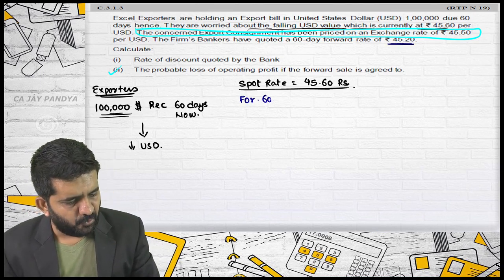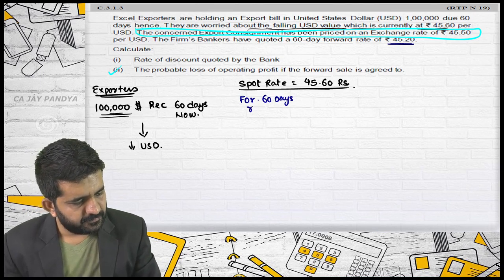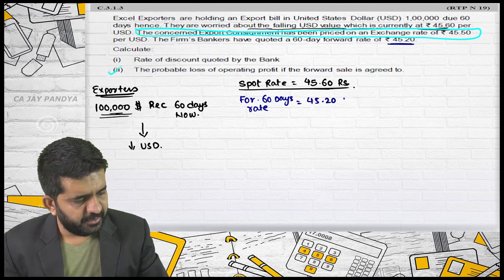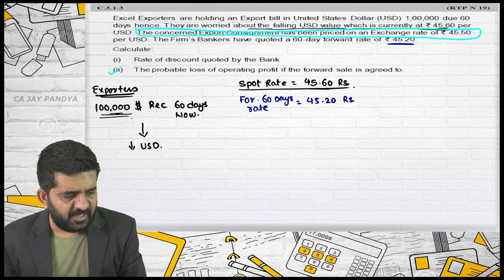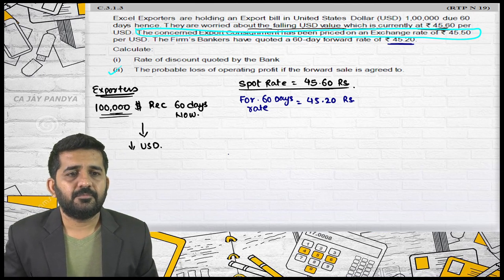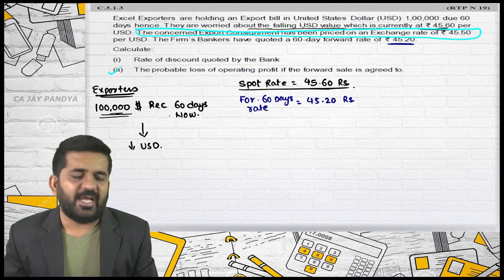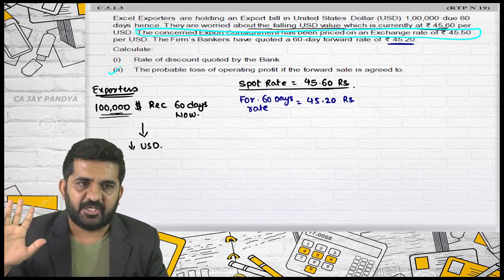So what is the 60 days forward rate? 45.20 rupees. Yes, Mehak. Can you convert your 1 lakh dollar at 45.20 rupees? Yes, sir. That's the rate the bank has given me. Yes, the bank has given it. You can enter into a contract today. After 60 days, when you receive 1 lakh dollar, you will for sure get 45.20 rupees. Your rate is locked.